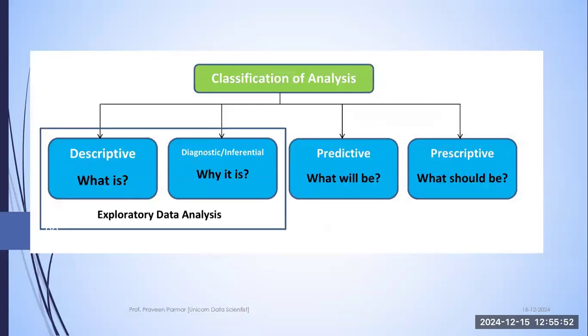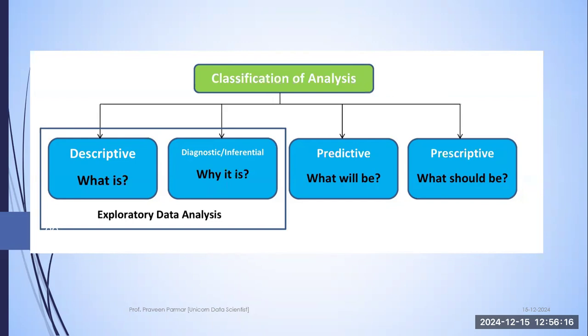As you know, there are 4 to 5 types of analysis generally: descriptive, diagnostic, then inferential analysis. Both are in the same category. If we are working on a sample, then it is inferential. If I'm treating that data as a population, that is the diagnostic analysis. There is no major difference.